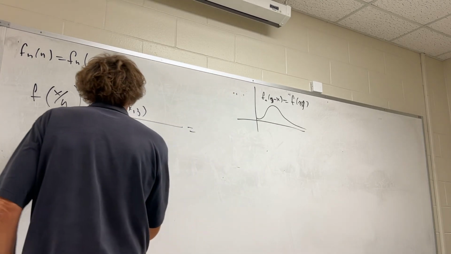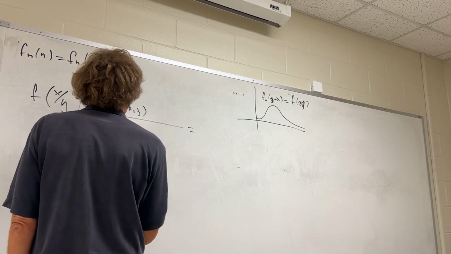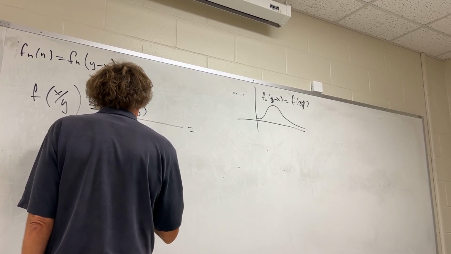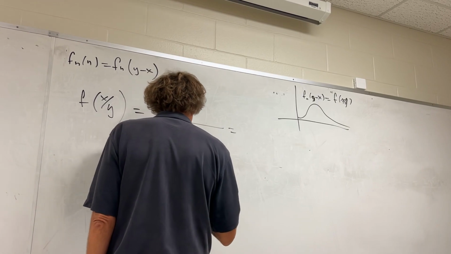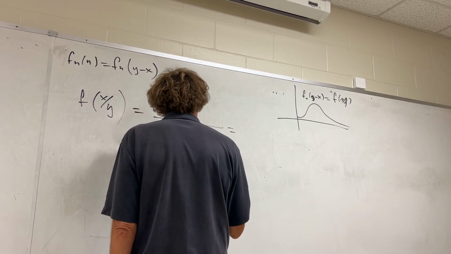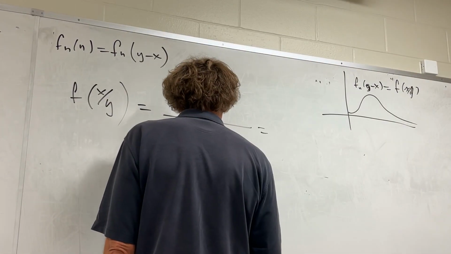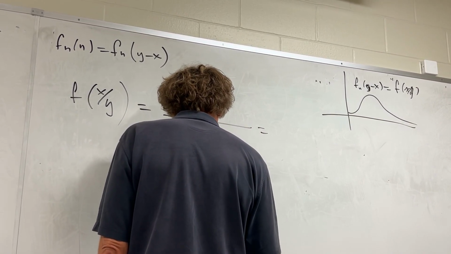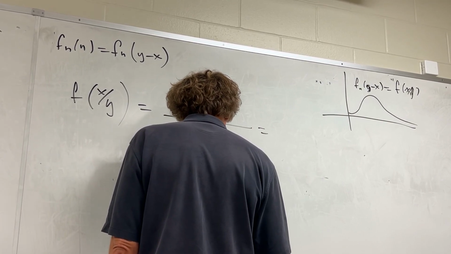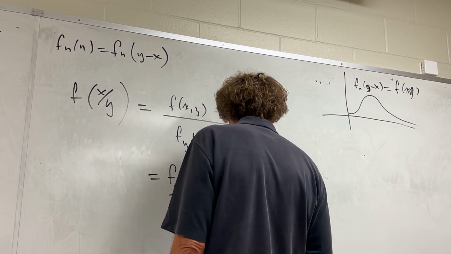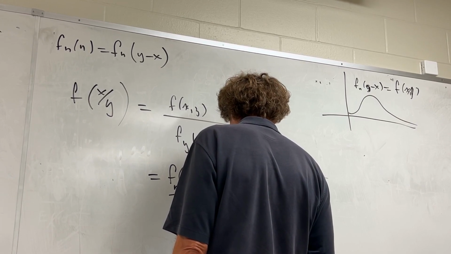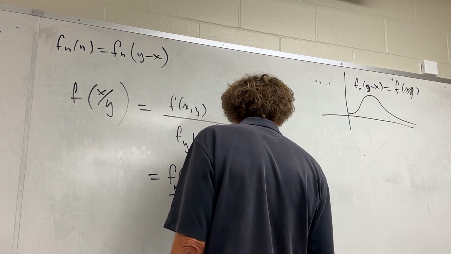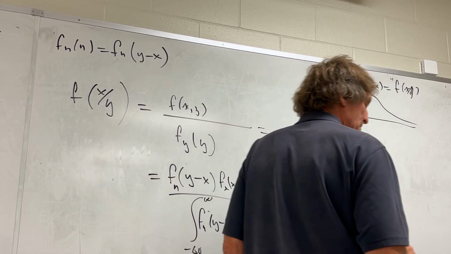So now this says that this is equal to f noise of y minus x over, and then it would be an integral from minus infinity to infinity of f of n of y minus x, f of x... no, f of y, pardon me, dy. Let me stop there for a second.